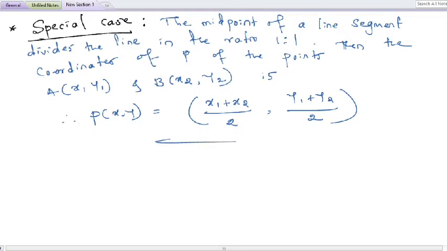So, this formula we will use when P is a midpoint of AB. If it divides in the ratio 1 is to 1, then we can use P of x comma y is equal to x1 plus x2 divided by 2, then y1 plus y2 divided by 2. Now, it is for the special case.